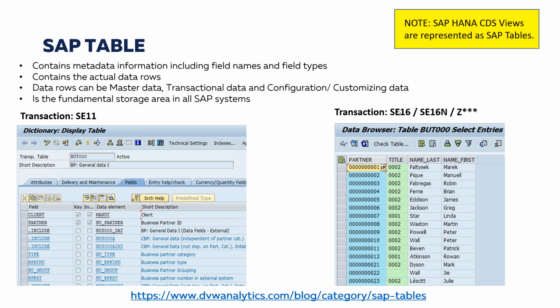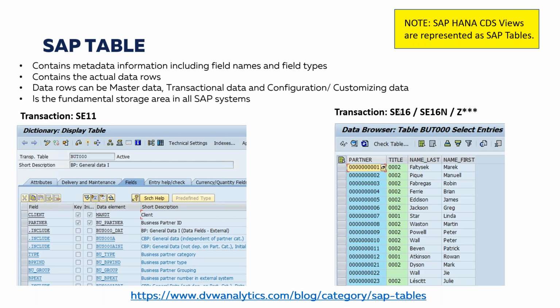SE16 is the most commonly used transaction. SE16N is a variant of it. What we do come across a lot is that some of our customers will have a Z version of it. So maybe your internal IT organization or SAP team have adapted the standard transactions to meet your particular requirements. And one final point here before we move on.